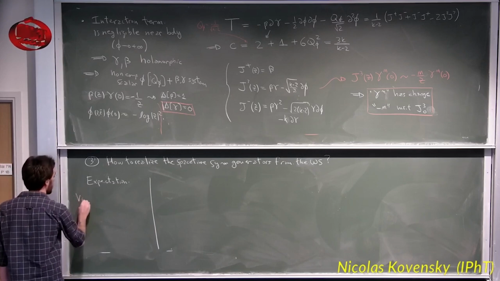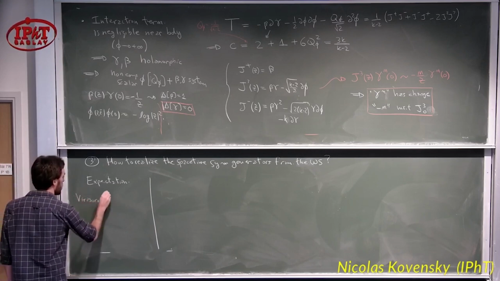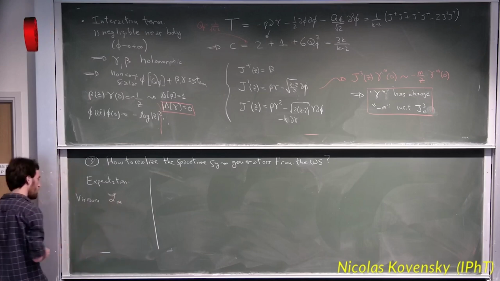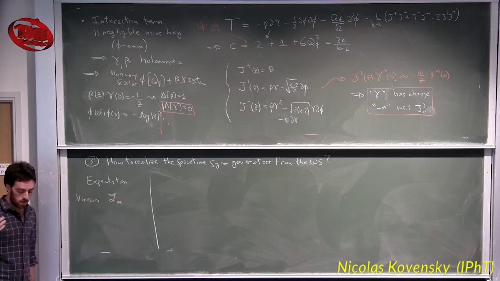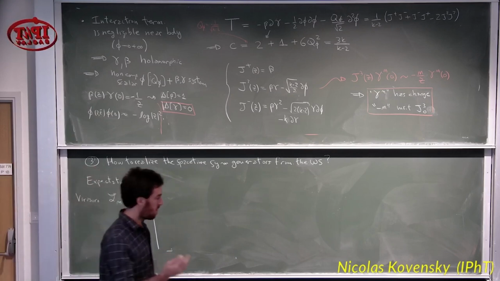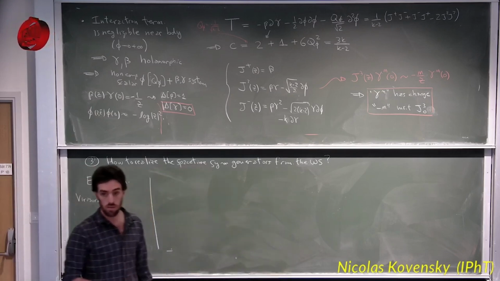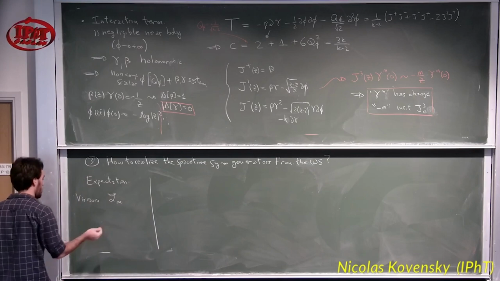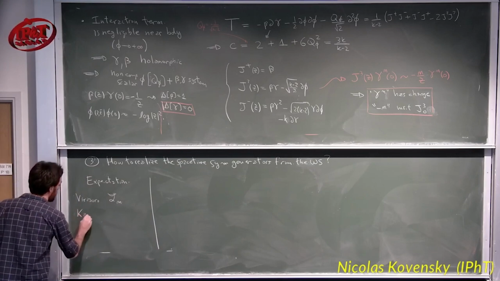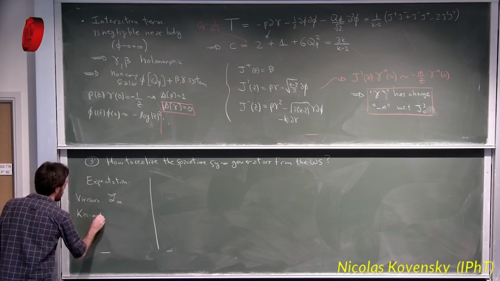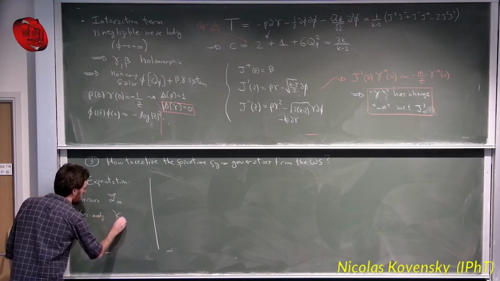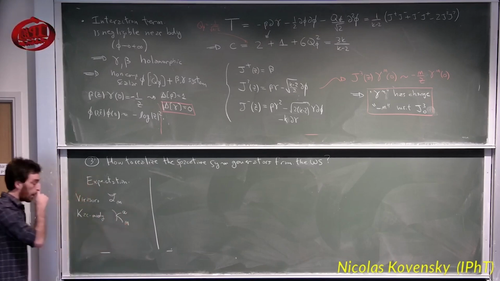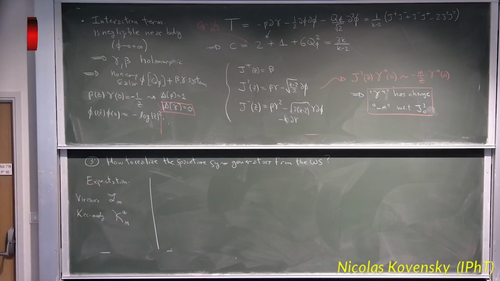first of all, a Virasoro algebra, so the generators L_n. Then if there is, for example, some R-symmetry or some extra symmetry of the boundary CFT, the spacetime CFT, I could have some Kac-Moody algebra, say with some index a and some index number n.